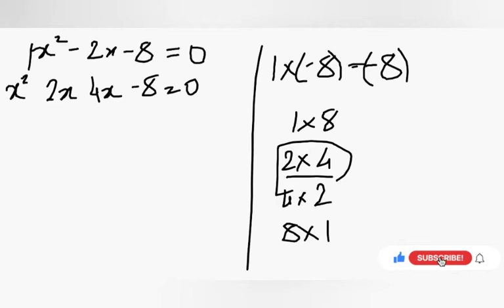Now how do you subtract it? Since the middle term has negative of 2, so what we do is we take the greater number as negative, so minus 4, and since that is minus, we write plus 2 here.